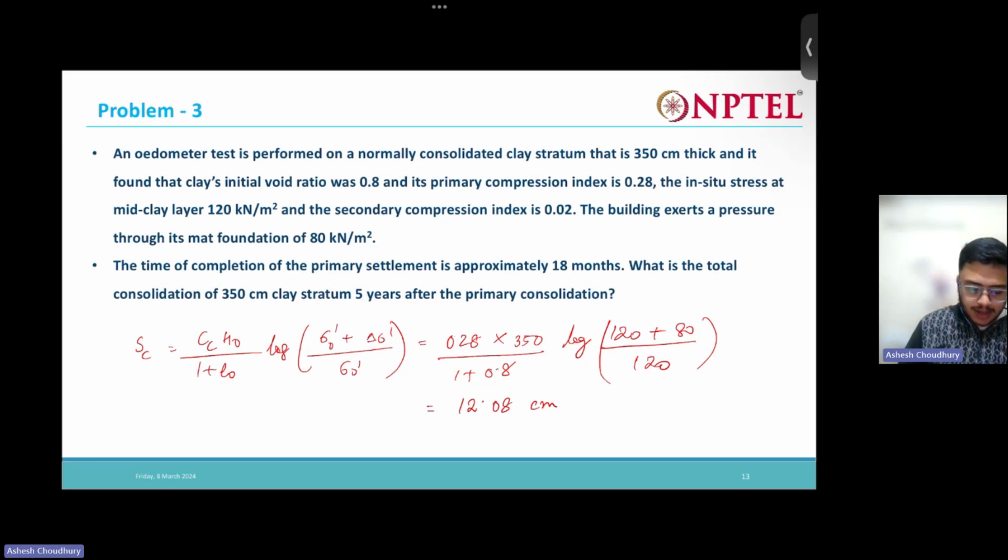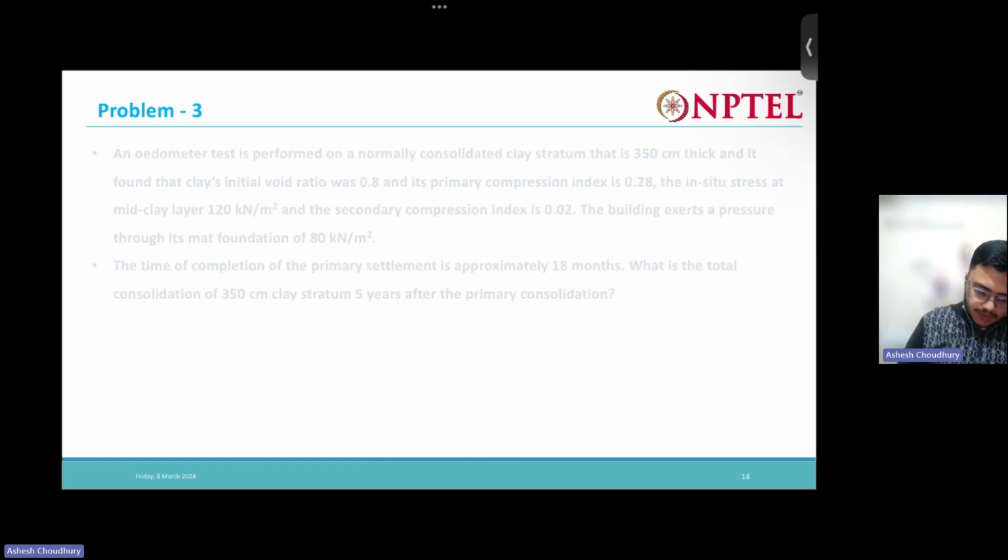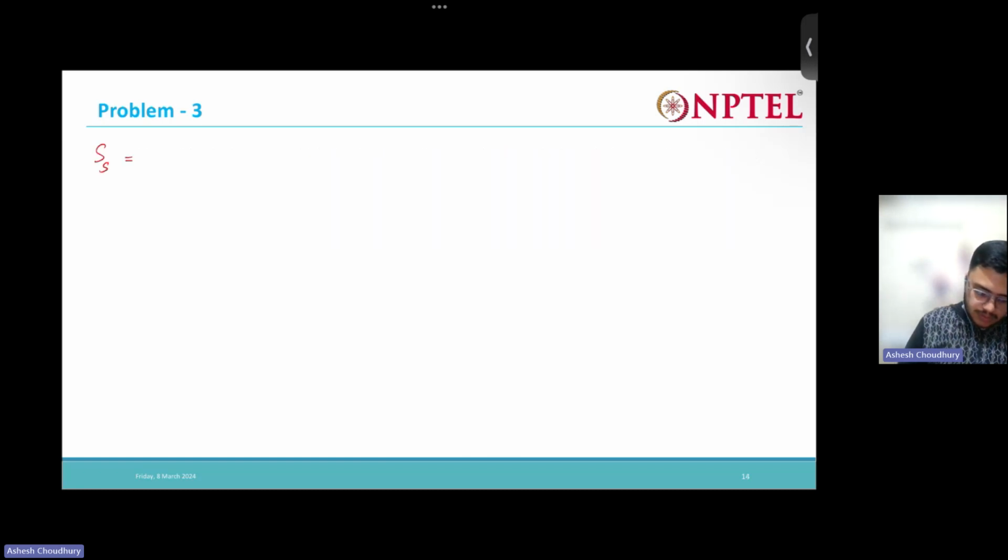Okay. Now let us calculate the secondary consolidation. Now, secondary consolidation has a similar relation, right?